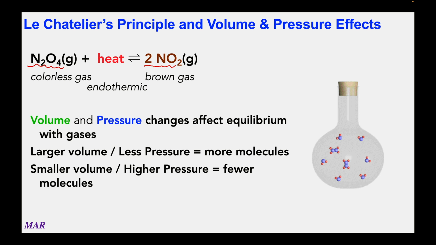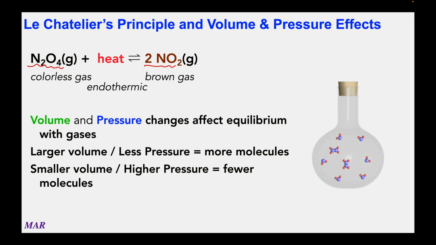Why that's important is because volume and pressure will affect how concentrated these things get. So if you have a bigger volume, like a bigger flask, or less pressure, there's more room to move around, and the equilibrium will shift to the side with more molecules. In this case, it would shift to the side of NO2.